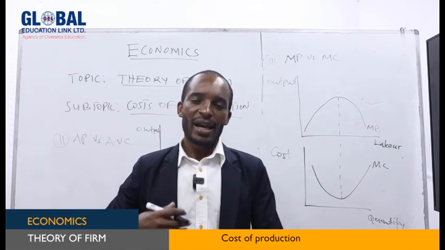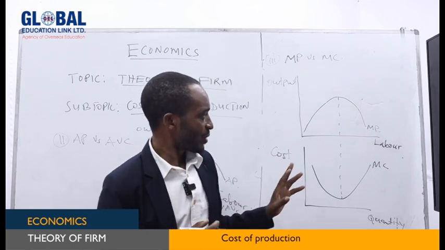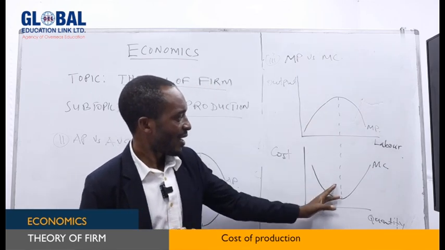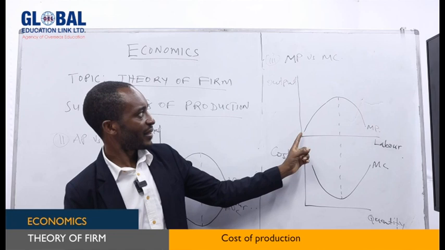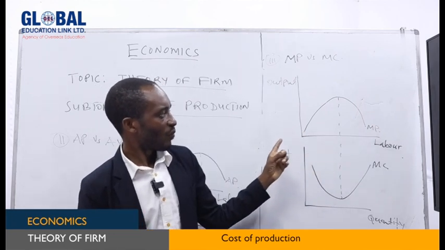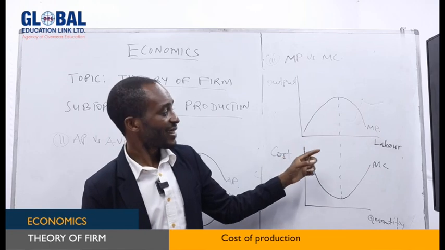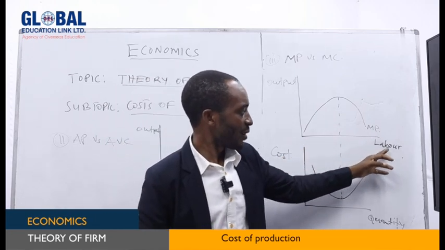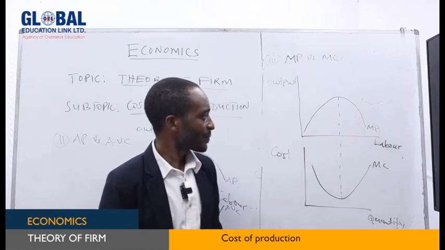Let's consider this analysis here. As we said, marginal product is the additional unit of output resulting from an additional unit of labor.